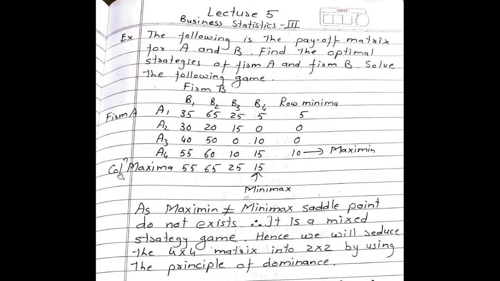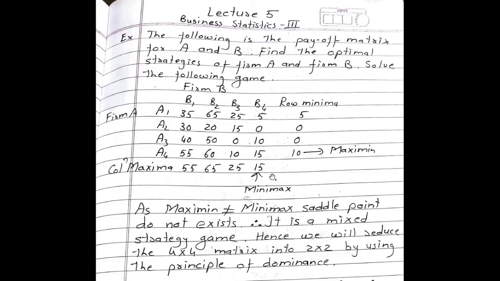Then write down column maxima at the bottom of the table: 35, 30, 40, 55. Maximum value is 55. 65, 20, 50, 60. Maximum value is 65. 25, 15, 0, 10. Maximum value is 25. 5, 0, 10, 15.